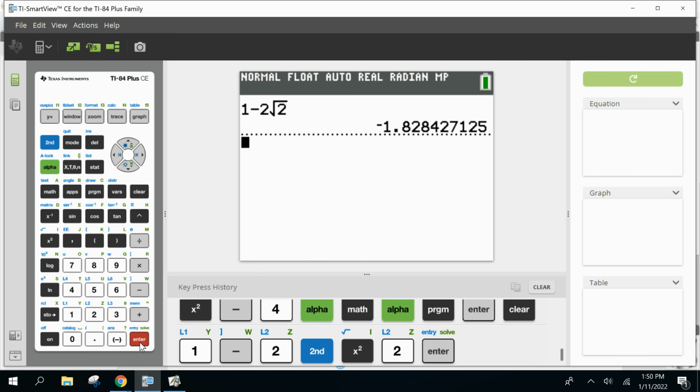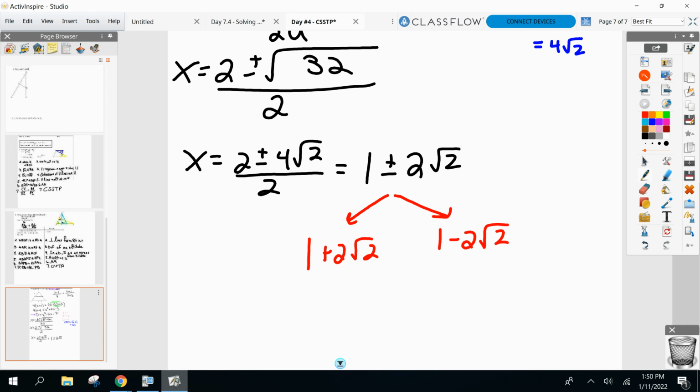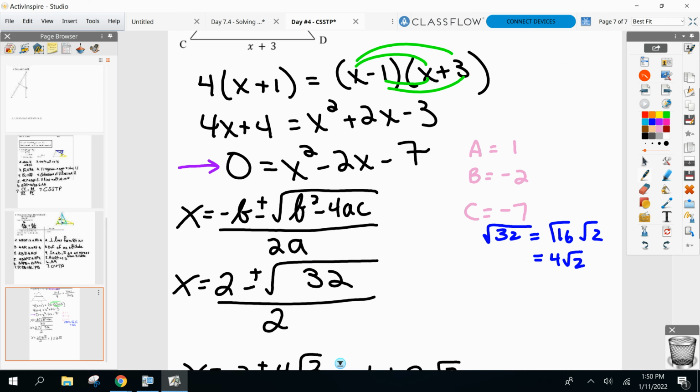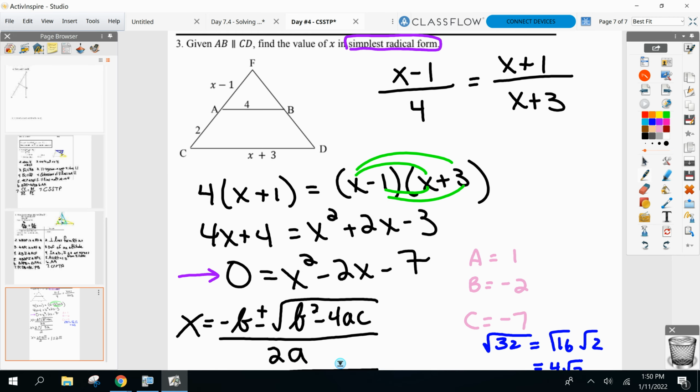Look at that number right now on your calculator. And why is that number going to be an issue on, say, side FA? If that's what x is equal to, and I plug that in and go minus 1, what's the issue with FA now? It's negative. We can't have that.